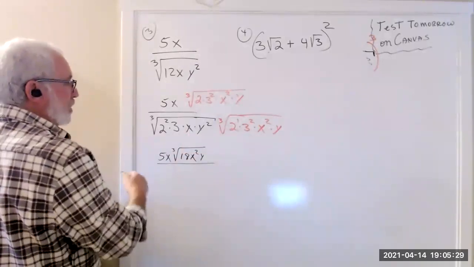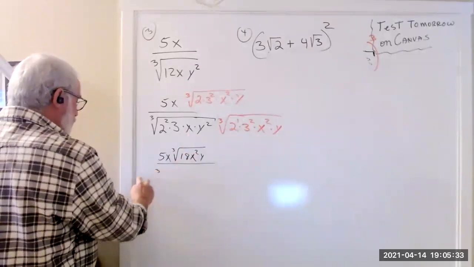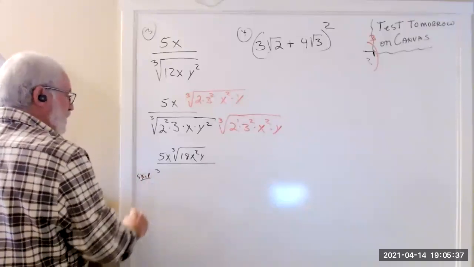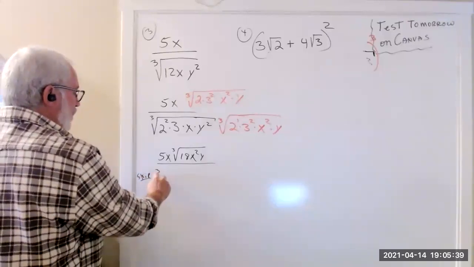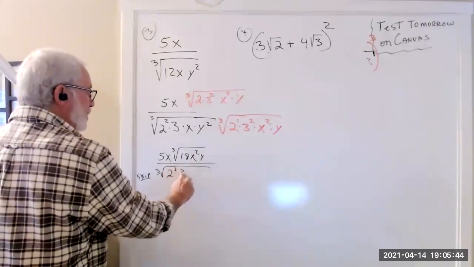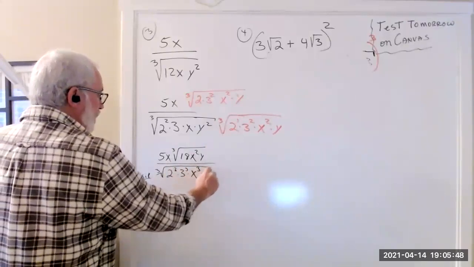If you put this together on the bottom, it's okay to skip this step. I like to put it in, but you have the cube root of 2 cubed times 3 cubed times x cubed times y cubed.